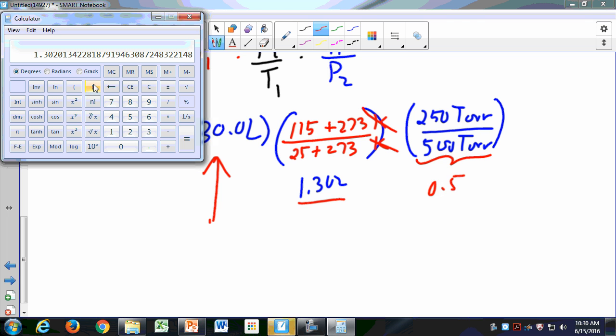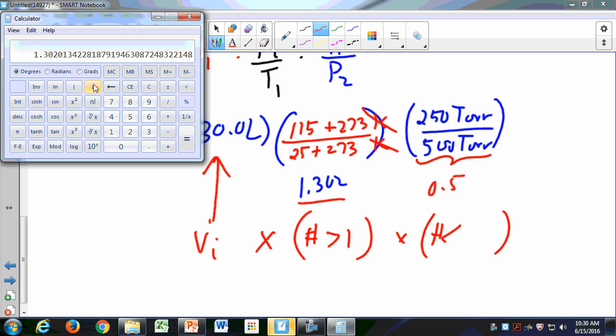So what am I doing here? My initial volume, I multiplied by a number greater than 1 because my temperature went up. And I'm multiplying it by a number less than 1 because I raised my pressure. Okay? You raise the pressure, the volume shrinks. You raise the temperature, the volume expands. So the original volume, V1, is multiplied by a temperature factor greater than 1, and by a pressure factor less than 1 to get the final volume.